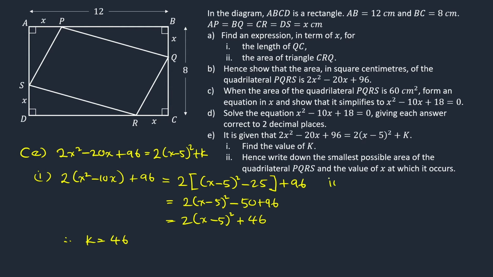Okay, number 2. Hence, write down the smallest possible area of the quadrilateral PQRS and the value of x at which it occurs. Alright, now, if you are able to translate this expression, if I put this as f(x) equal to 2 times (x minus 5) squared plus 46, and we sketch the graph, then it's going to be a parabolic curve like this.